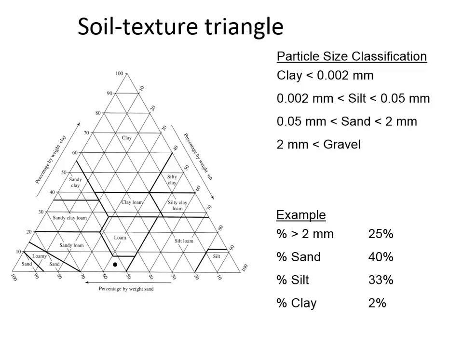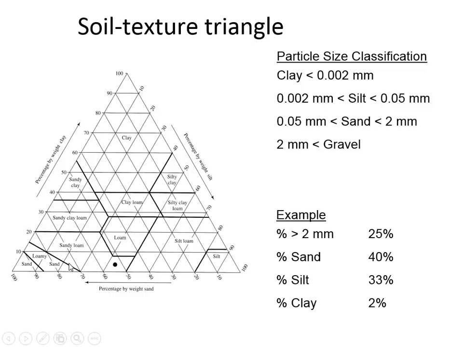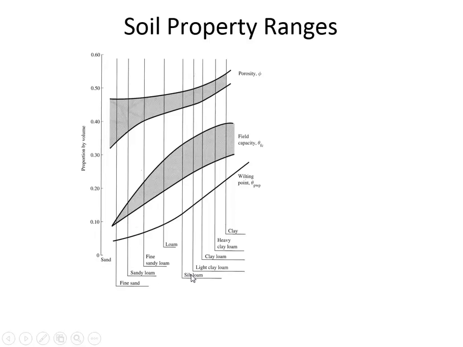Soil texture. If you have a certain soil texture, these are the range of properties. In this example, we had a sandy loam soil. If we go to the next slide and find where the sandy loam is, we'd expect a wilting point of approximately 0.06.